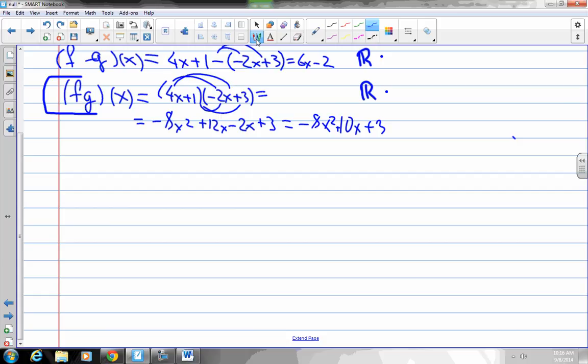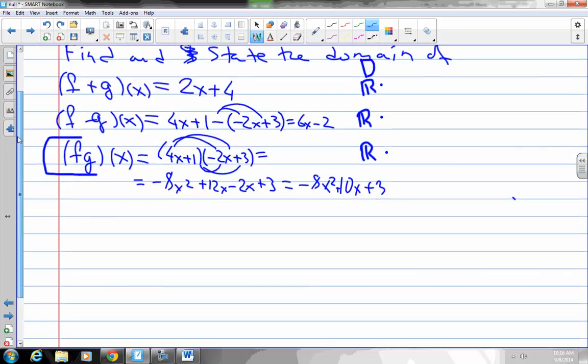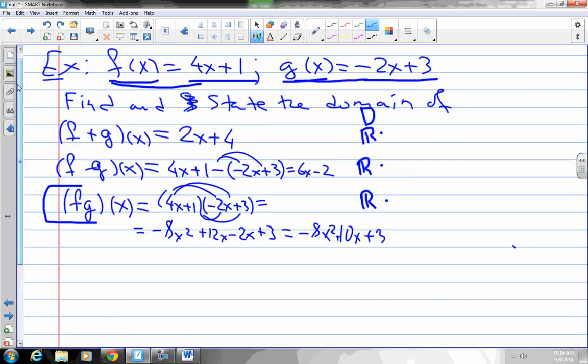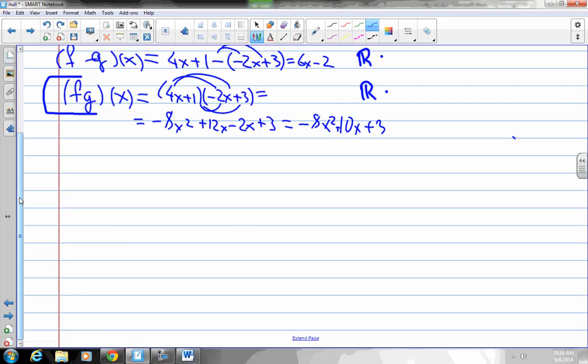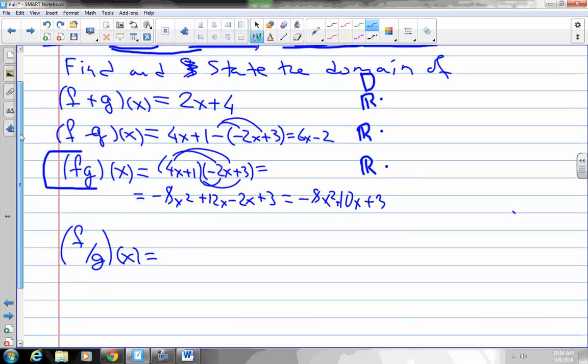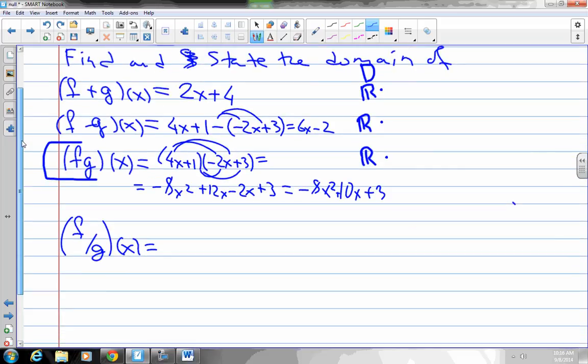Oh, it's still all real numbers. I mean, that we already discussed that. For the addition, subtraction, multiplication, it's whatever you find first, that intersection. In this case, it's all real numbers. But then if I go for f over g of x, it's just some function.